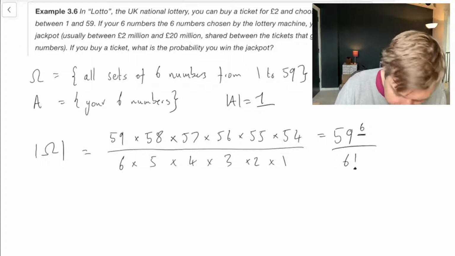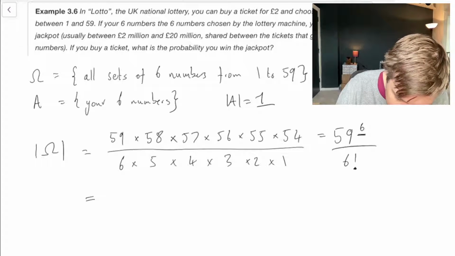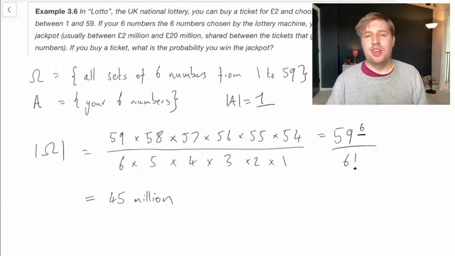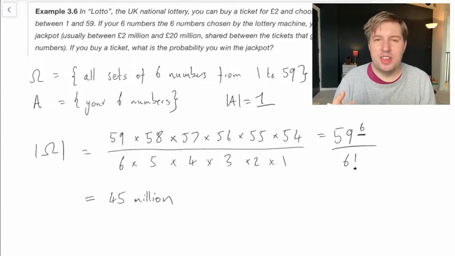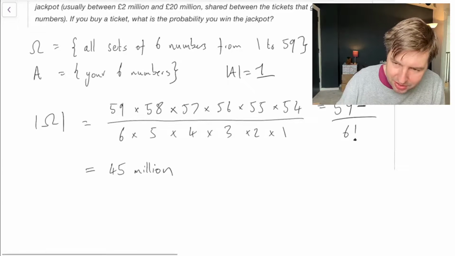And I put that into my calculator earlier, and that came out as about 45 million. You might want to bear in mind this decision when deciding whether it's worth your money playing the lotto or not.